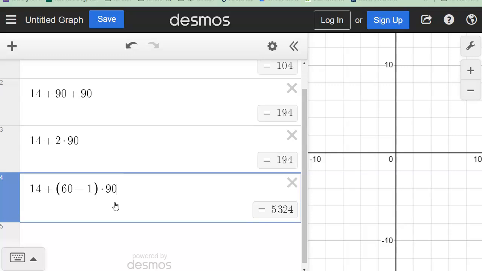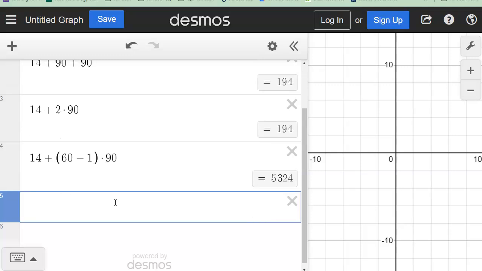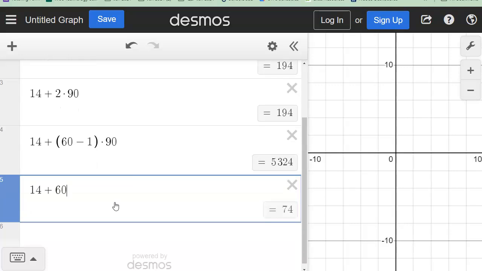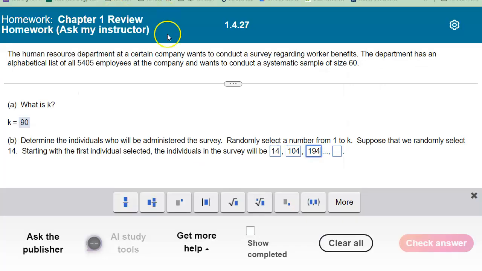Now, you might look at that and think, well, why am I subtracting the 1? Let's just explore for a second. What if I didn't subtract the 1? What if I did just the sample size 60 times 90, which remember 90 is representing K here. What I'd end up with is the person whose number is 5,414, but I only have 5,405 employees.